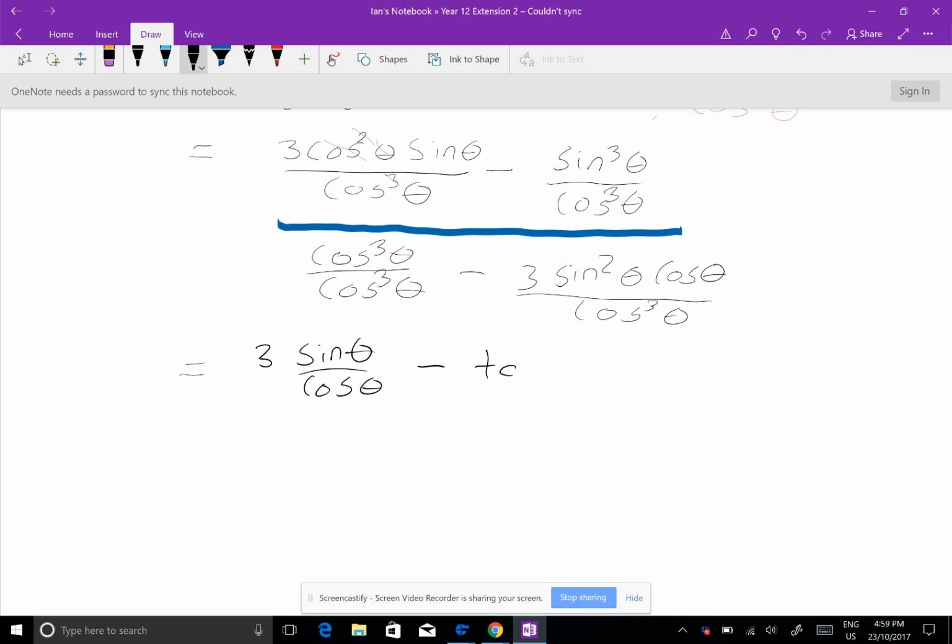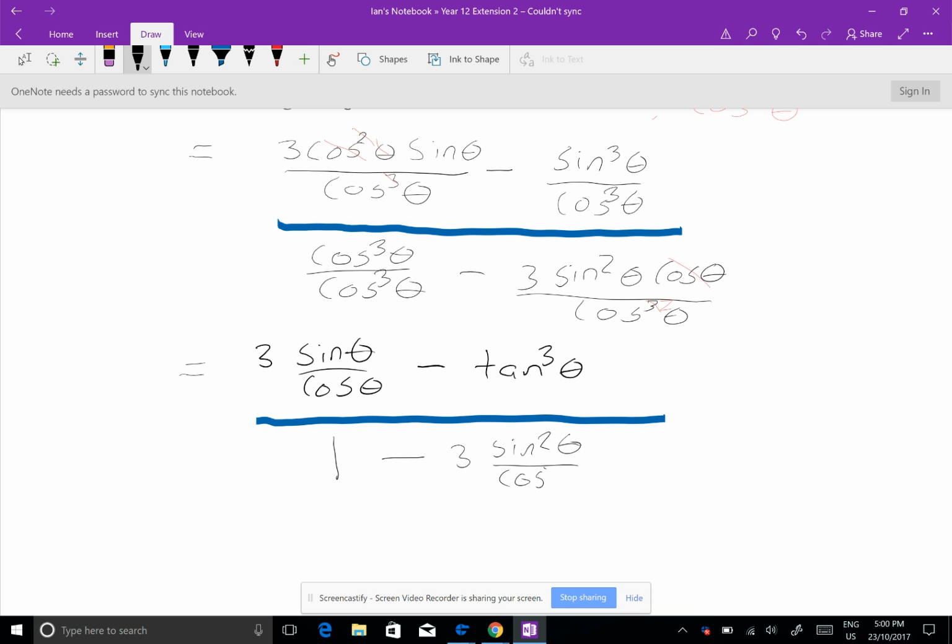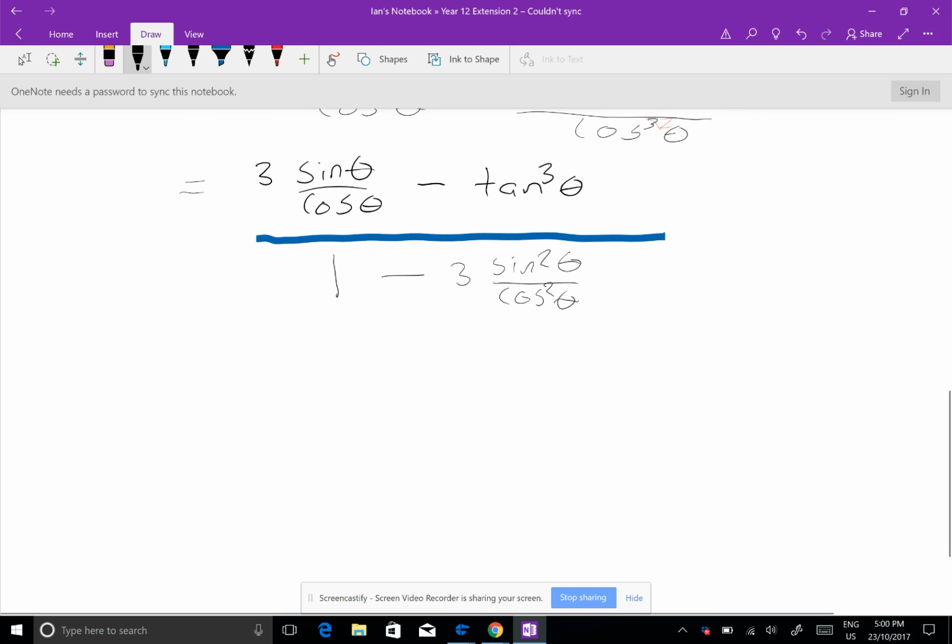Well, that's just tan cubed theta. My vinculum. And on the bottom, I get cos cubed that's 1. And here, I do a bit of cancelling again. Cos goes there and gives me cos squared, which is really handy because I get 3 sine squared theta on cos squared theta. We're almost there.